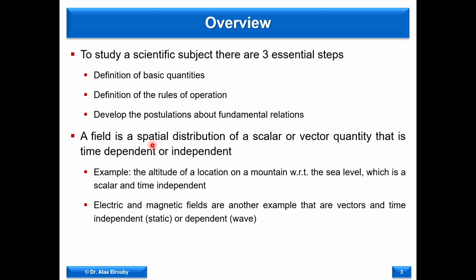For example, the distribution of pressure, the distribution of weather temperature, those are fields. Like we move up or down, left or right, east or west, with this motion we see different temperatures. So we can say that the temperature forecast is a field of scalar quantity, which is the temperature.